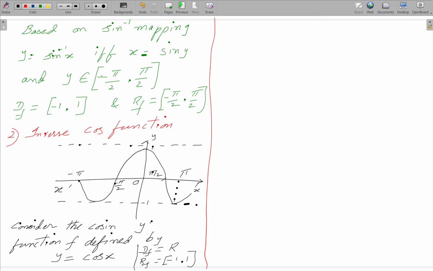This is for the cos function. Let us put these values in a mapping.